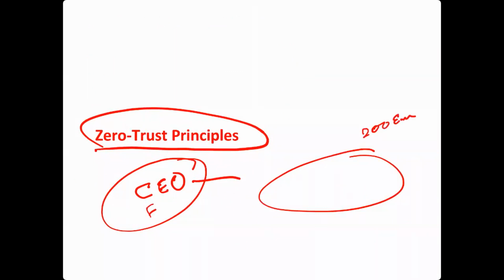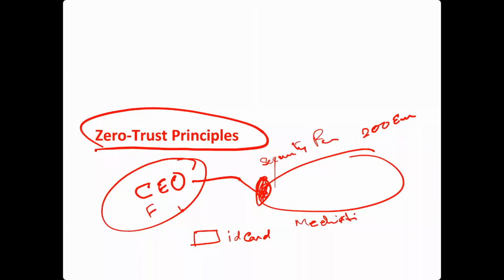You have a security policy that everyone should have an ID card, and you have security personnel. This is mediation, you understand these terms now. Mediation means you cannot enter from anywhere else. There is a single gate where you have to enter, and this guy will check everyone. And you forget your ID card.